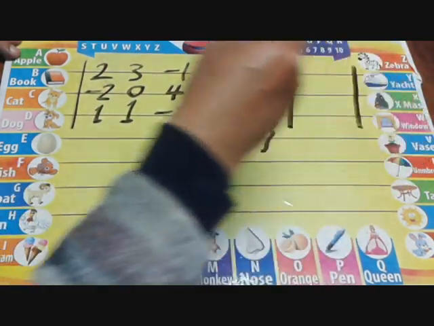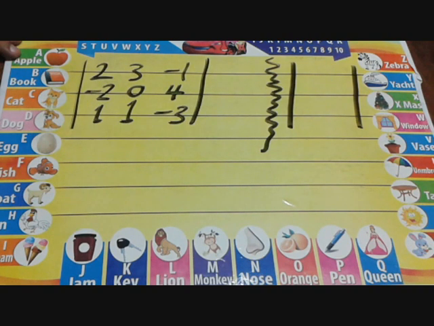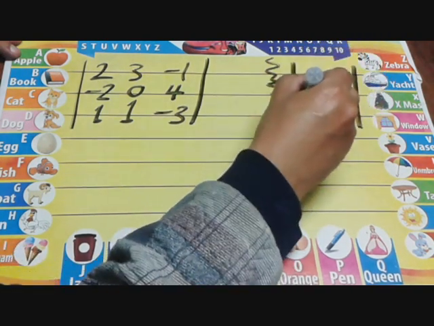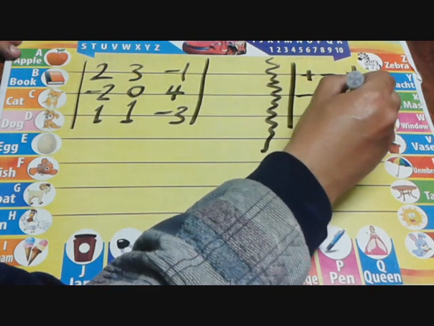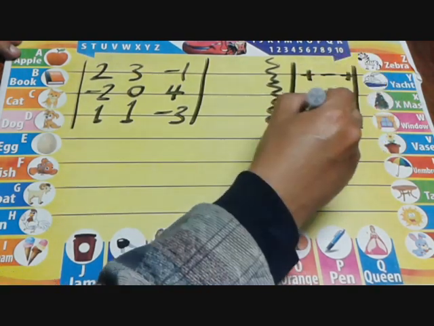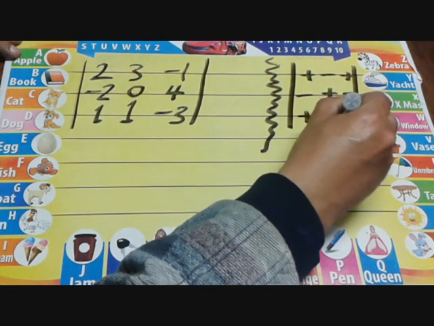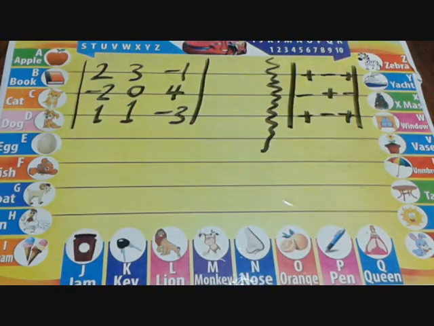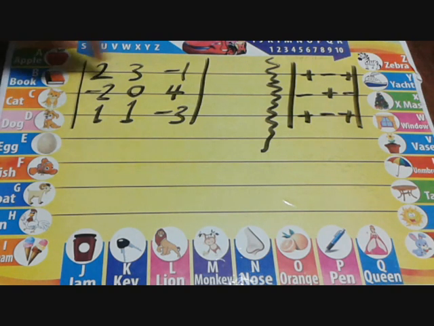You should know this rule of signs. Positive, negative, positive, negative, positive, negative, positive, negative, positive. Choose any row or any column, like the first row, 2, 3, negative 1. But you should take care of this rule of signs.